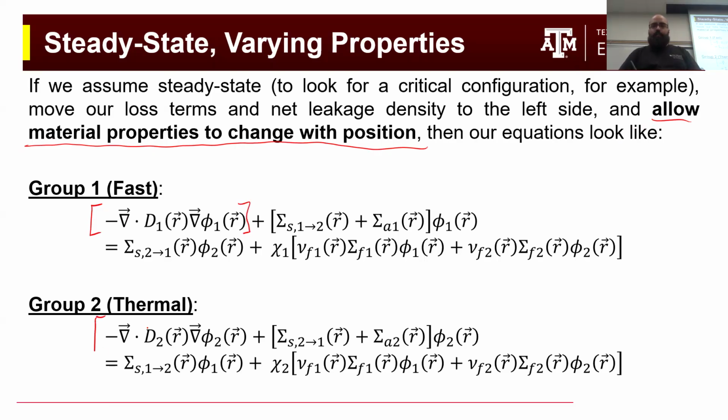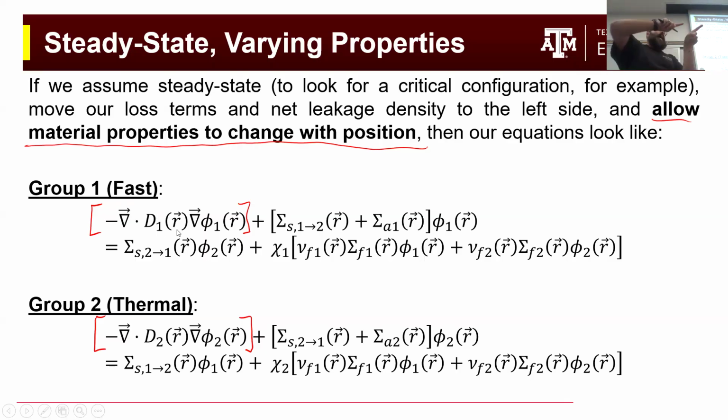Also, notice here that on this term and on this term, instead of writing it as the Laplacian, the triangle with a square, I'm having to rewrite it as the divergence of the gradient. Basically what I'm doing is taking that diffusion coefficient and putting it back inside of the operator, because now the diffusion coefficient depends on position.